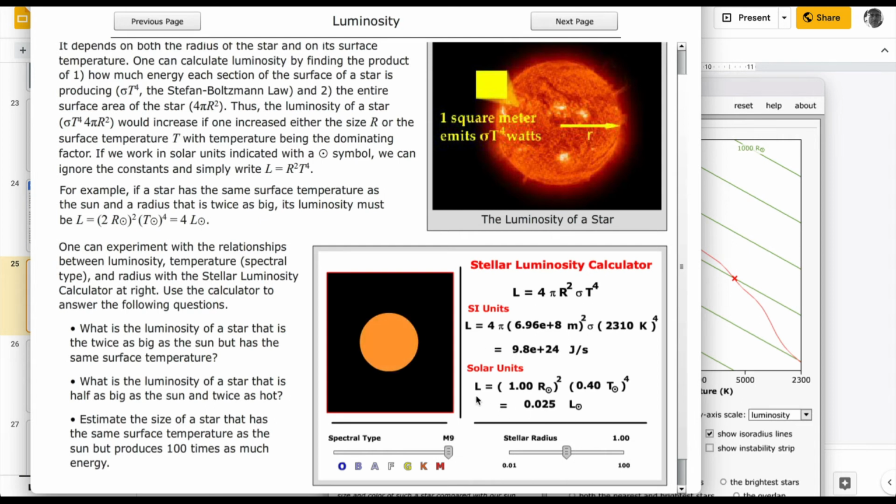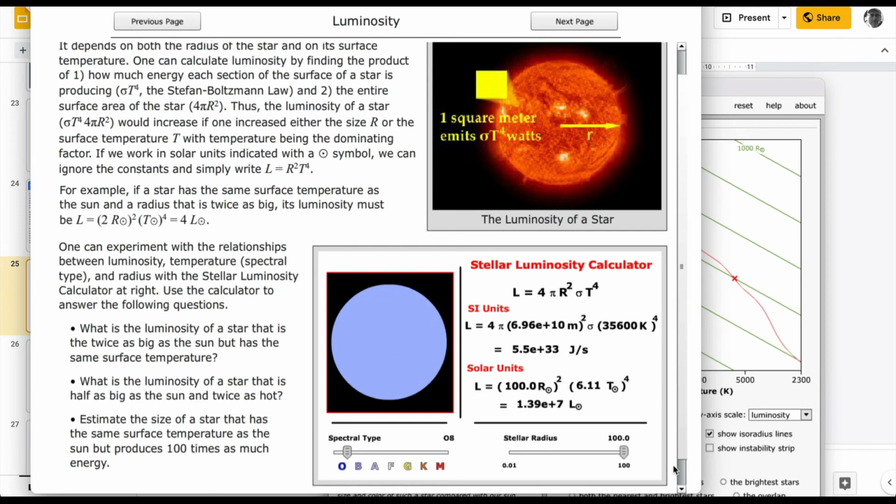What's going on is that either of these two things can physically affect the star, which physically affects the luminosity. So if you've got a big star and it's blue, then it's way more bright than the sun.